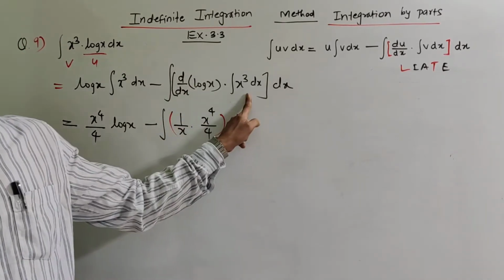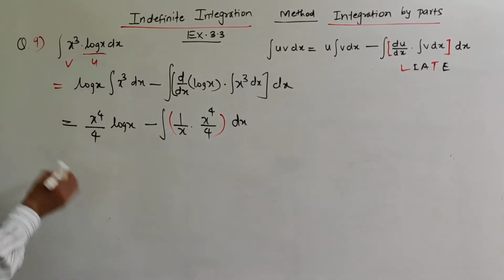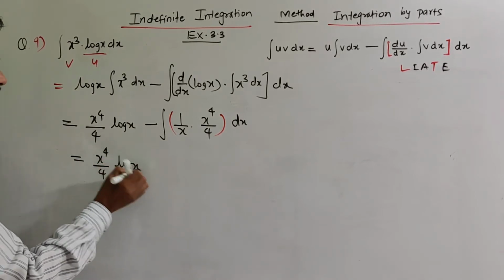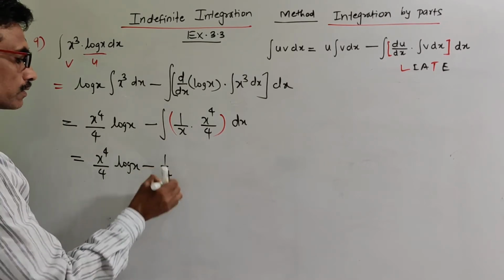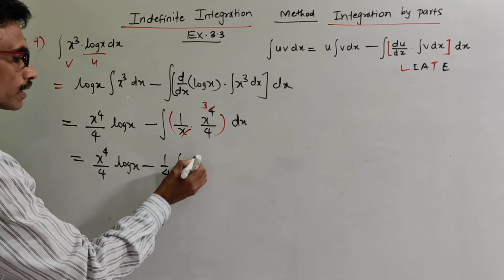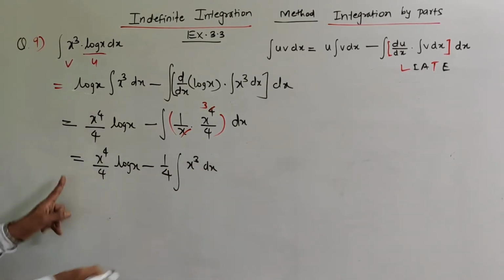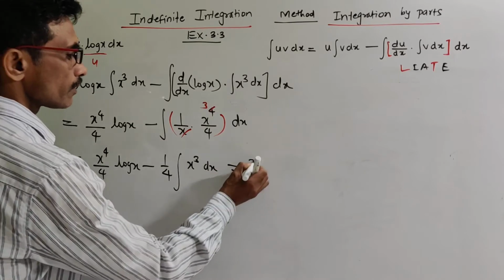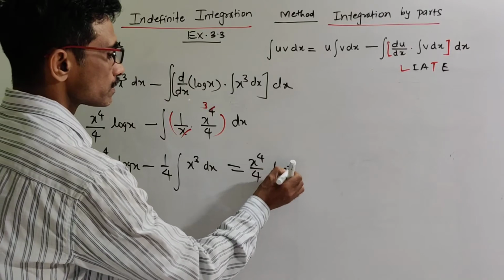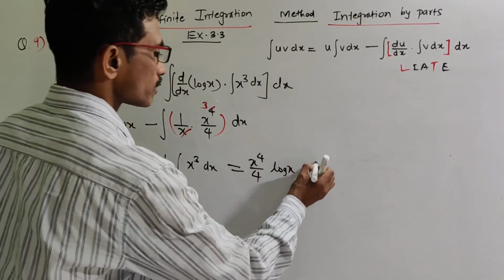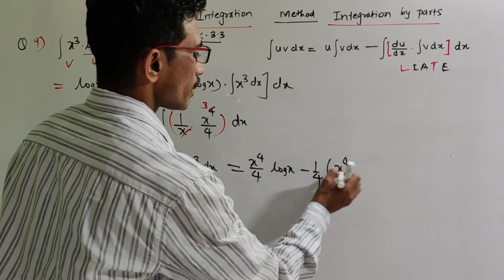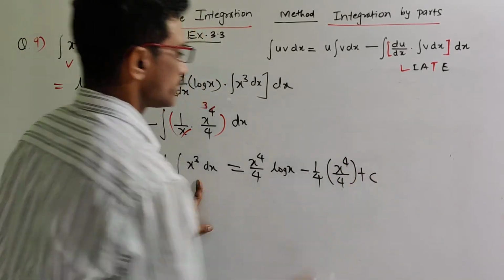One x will get cancelled here, it will be x cube dx, and it will be x to the power 4 upon 4 log of x minus 1 by 4 and integration of x cube, it is x to the power 4 upon 4 plus c.